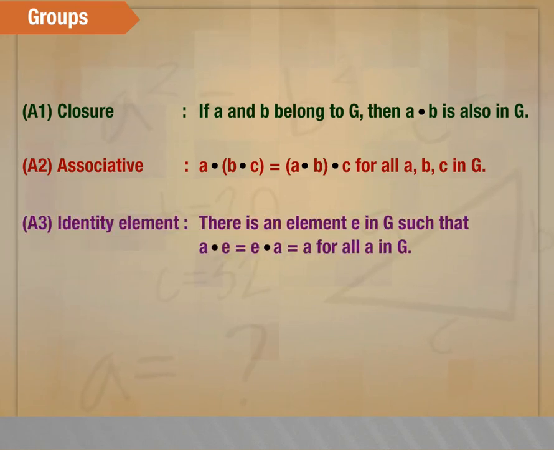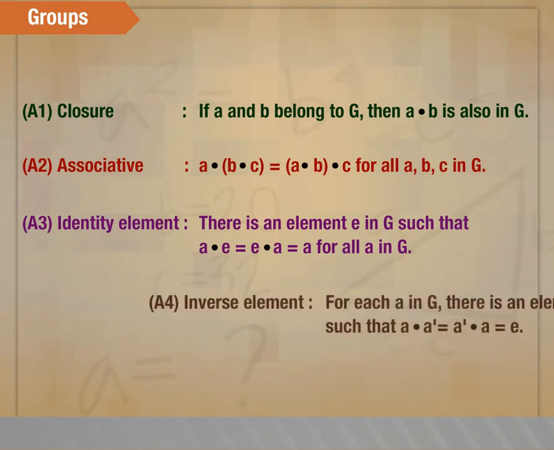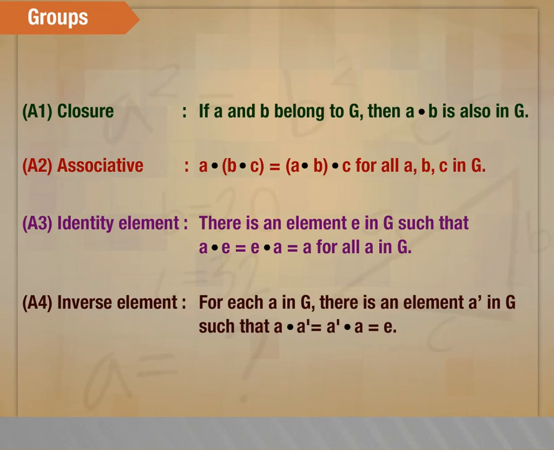Identity element. There is an element e in G such that a · e is equal to e · a is equal to a for all a in G. A4. Inverse element. For each a in G, there is an element a' in G such that a · a' is equal to a' · a is equal to e.